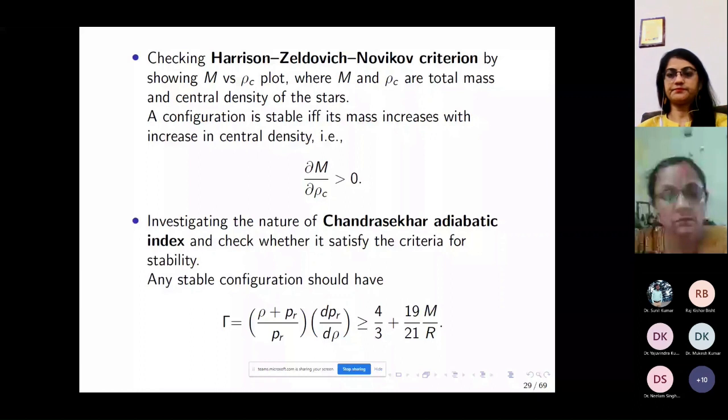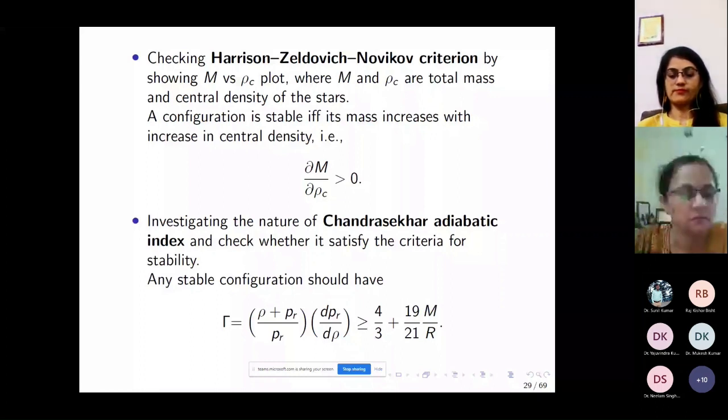After that, we have the criteria regarding the adiabatic index. The model will be stable if the adiabatic index gamma, which is given by the formula rho, the density, plus radial pressure, divided by the radial pressure, times the velocity of sound dp r over d rho, is greater than or equal to 4/3.